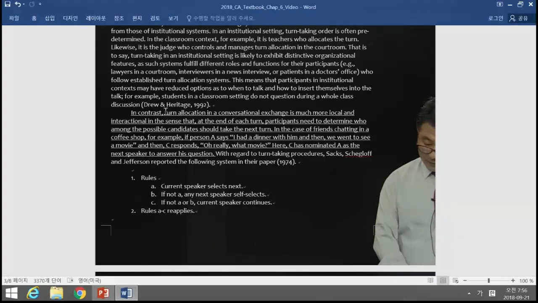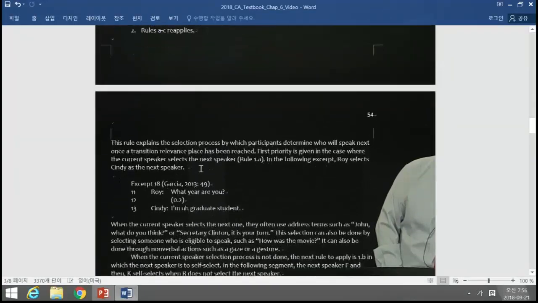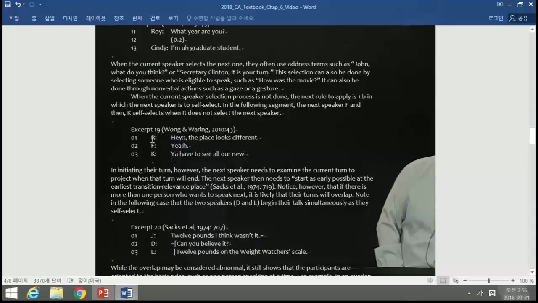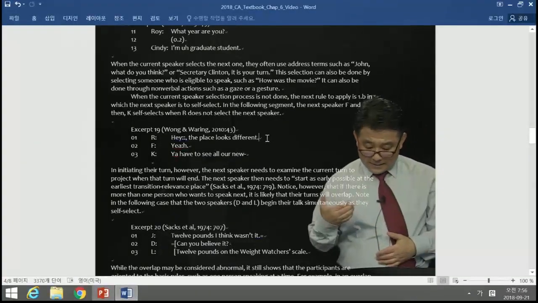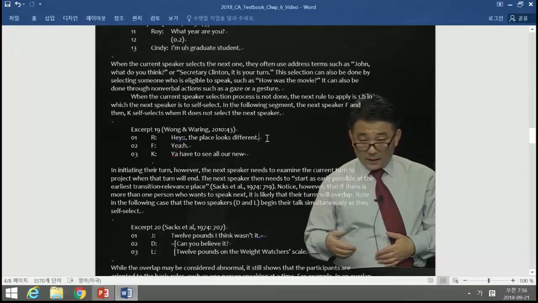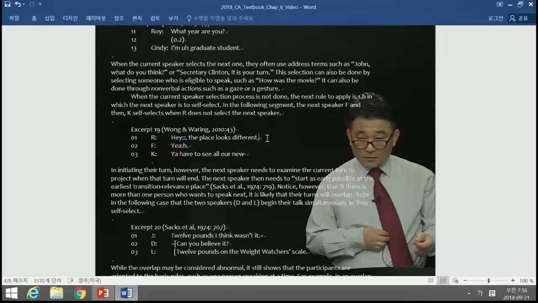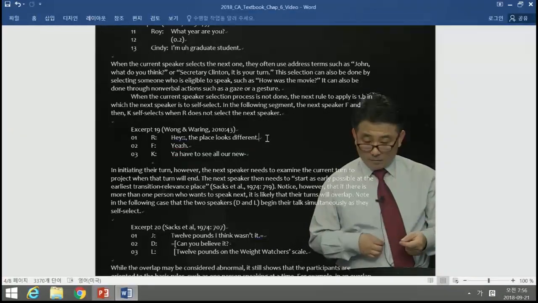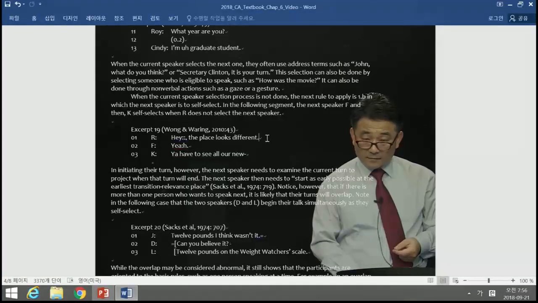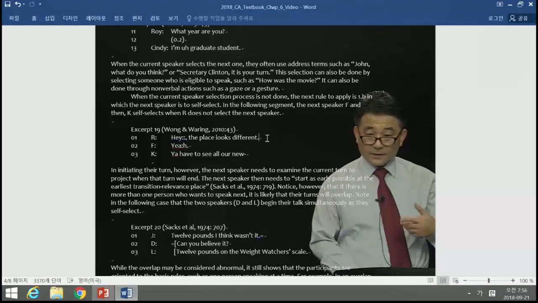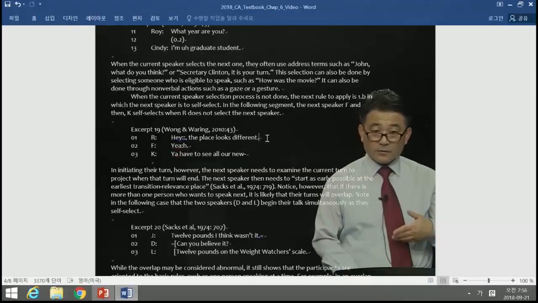So for example, in excerpt 19, if you look at R: hey, the place looks different. But then F says, yeah. R didn't necessarily point out who's going to speak next, although there are F and K. So F self-selects, and then K also self-selects.